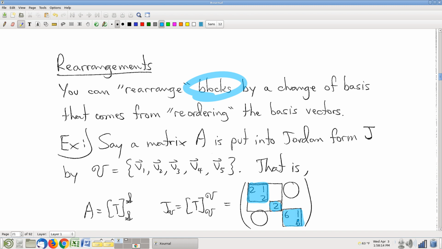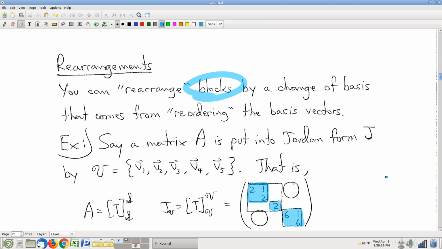Here's another basic Jordan block, right? And you might ask, do they have to come in a certain order? What if I were to take these two blocks here and rearrange them? Is that okay? Does that matter? Does that still represent the same original linear transformation? Or what's going on there?